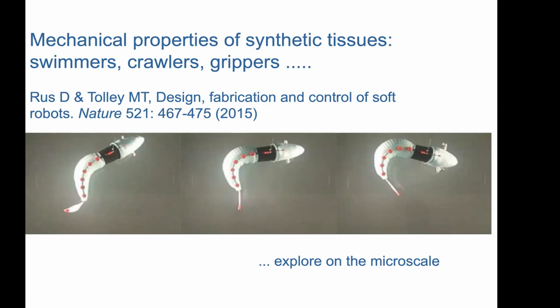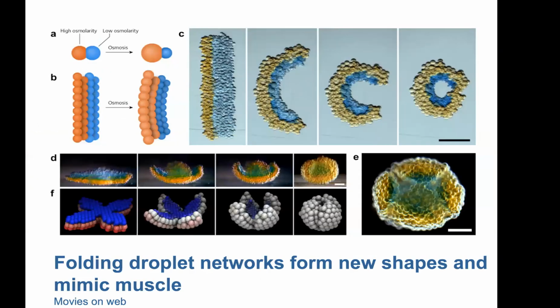And so here's an early example where we printed droplets, some containing high salt, some containing low salt. And after they're printed, water will move from the blue droplets to the orange droplets. And in the top case, this will fold like a bimetallic strip. It's a roughly 2-dimensional structure to form this circle on the right.